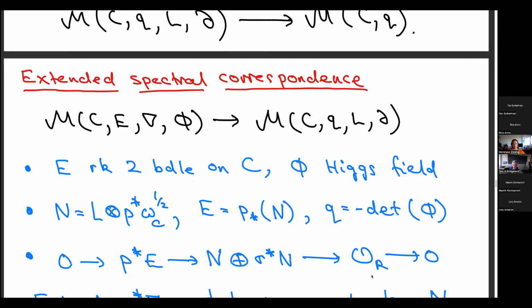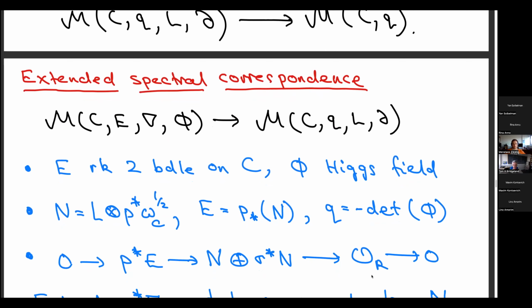I can then relate that to a holomorphic connection on L by tensoring with a canonical connection on this thing. The reason is that the pullback of the quadratic differential's square root gives me a section here. Q is a section of omega_C squared, so this is a section of p star of omega_C.